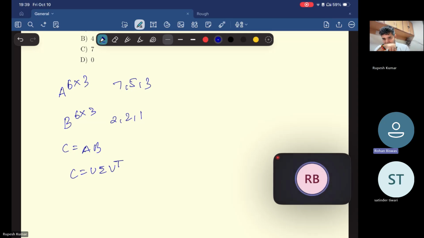Sir, C is that augmented matrix. So first three columns of A and then three columns of B. Otherwise, multiplication is not possible. Right, A into B?